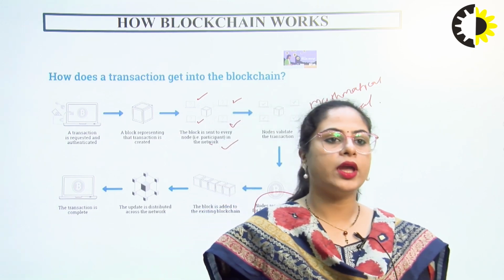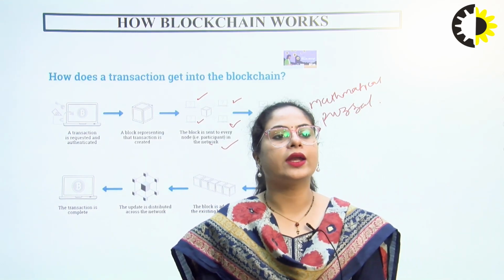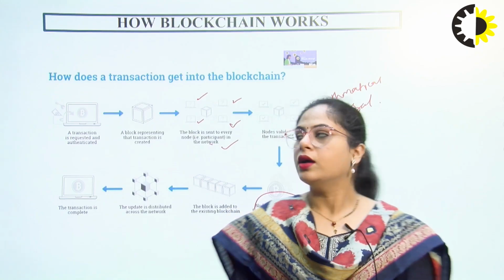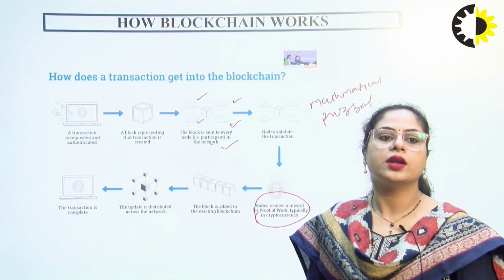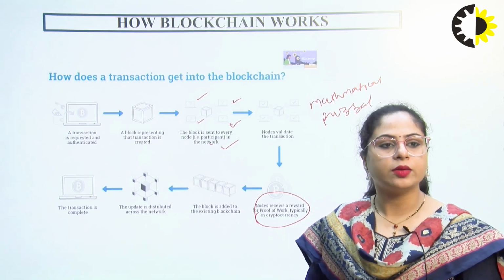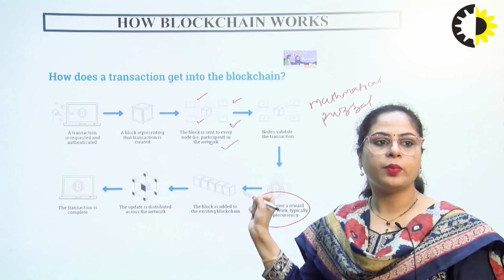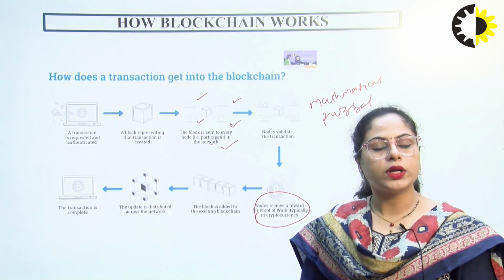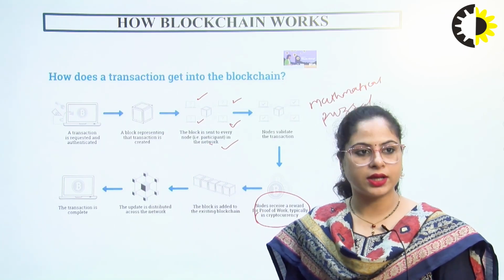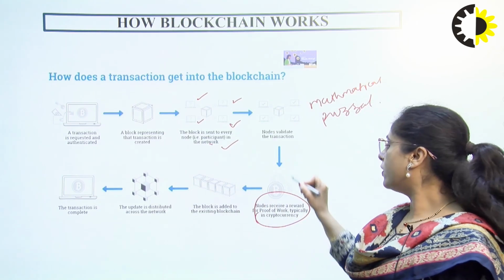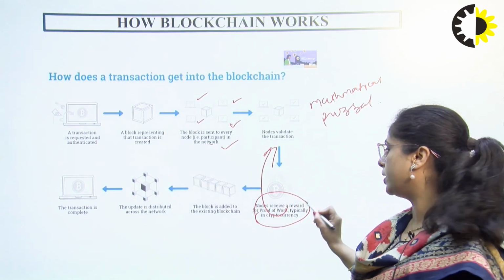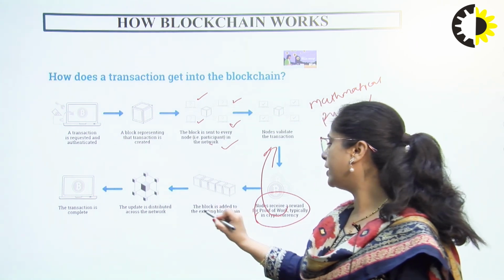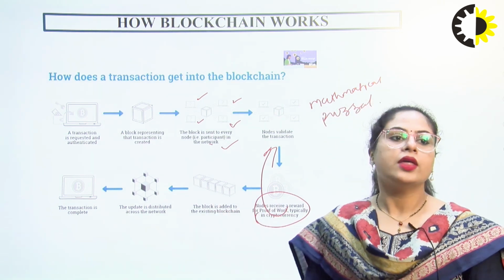Every node tries to solve that puzzle and reach the nonce. Nonce is nothing but the number used once, which is generated by every node. This is checked by the server. If that nonce is correct, the reward is given to that particular node or peer. After that, the block is added to the existing blockchain.